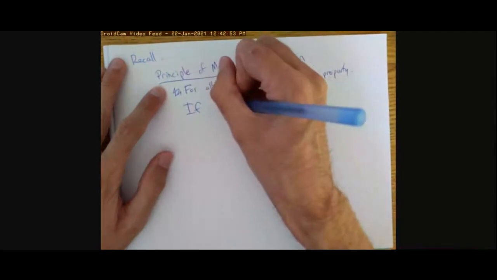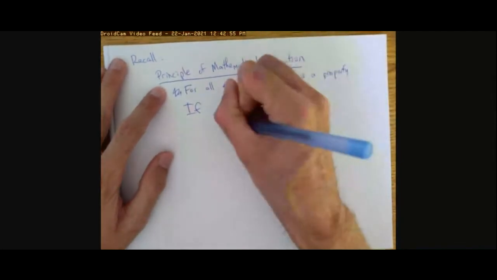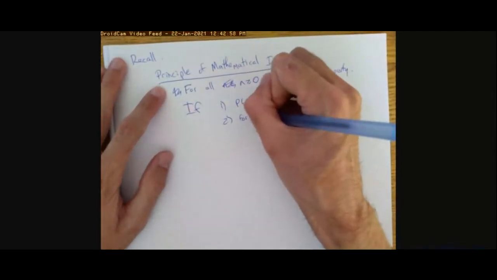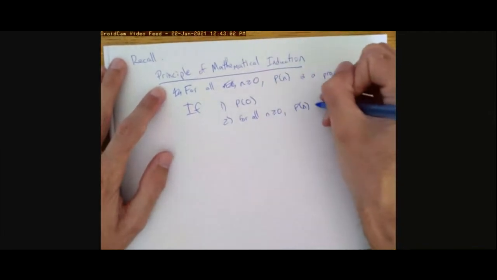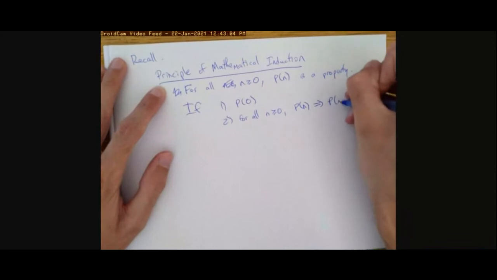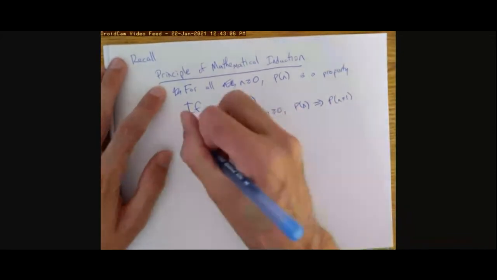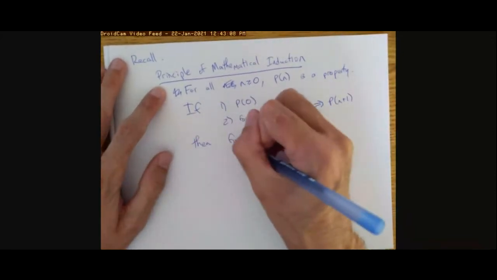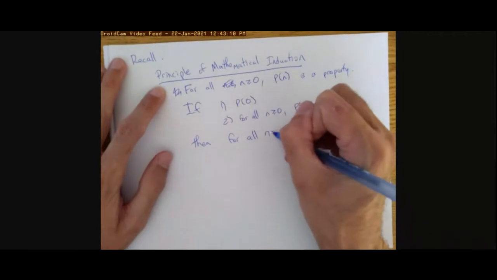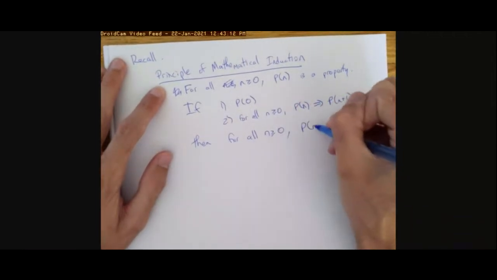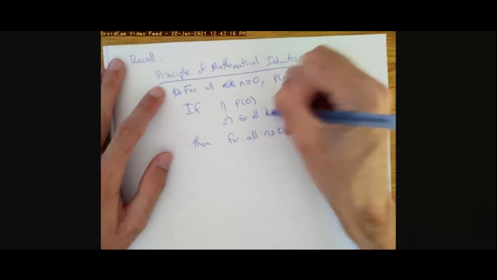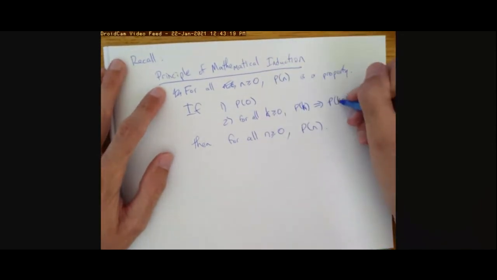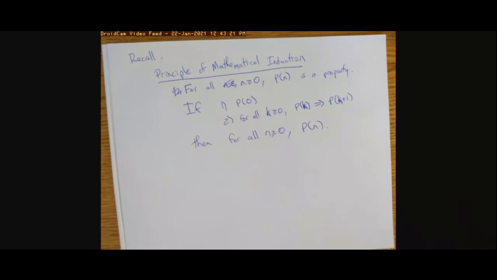If P of 0 holds, and 2, for all k, P of k implies P of k plus 1, then for all n, P of n.